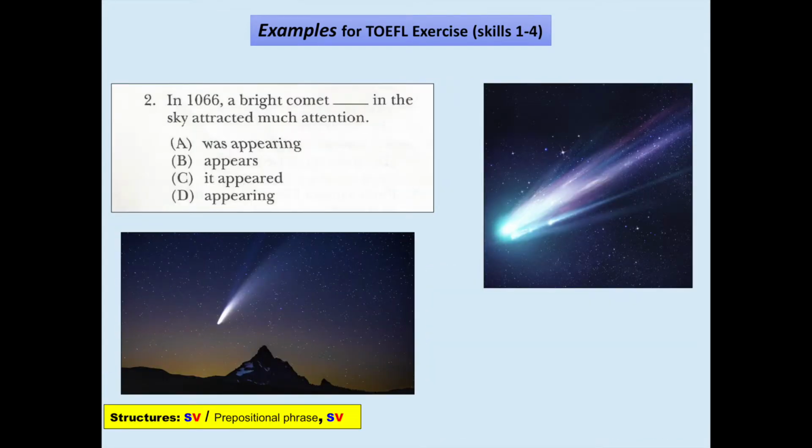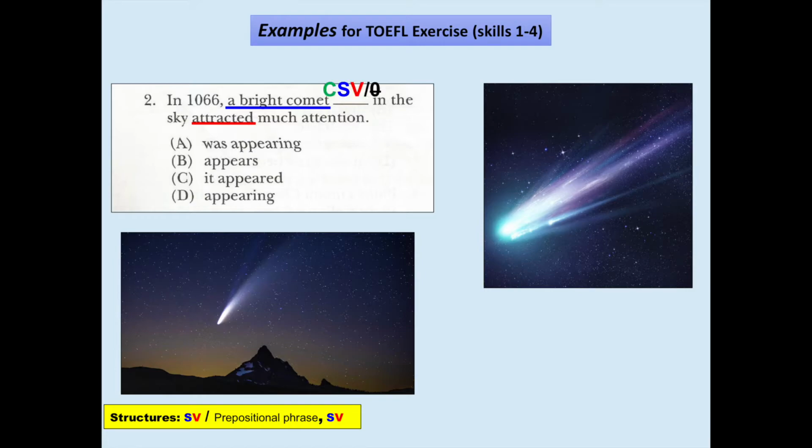Number 2. First, let's look for subjects and verbs. Here, a bright comet is our subject. Is there a verb? Attracted. Attracted is our verb.